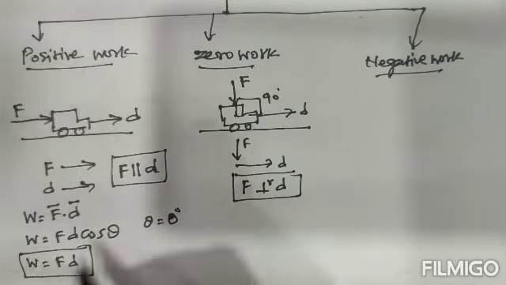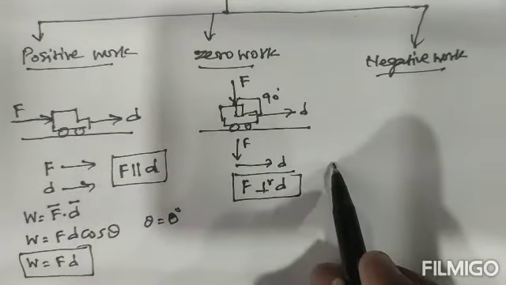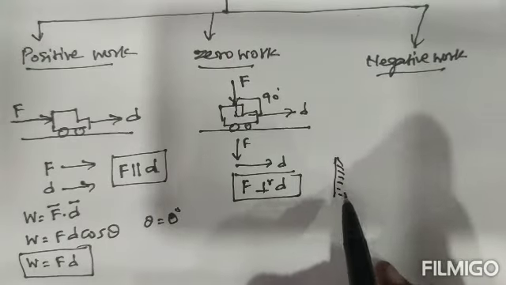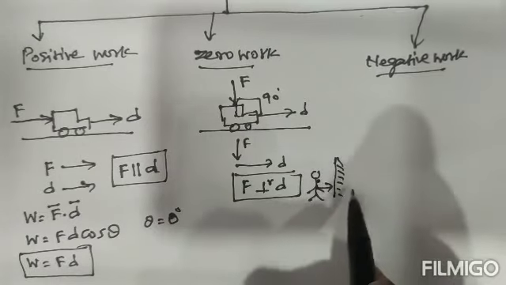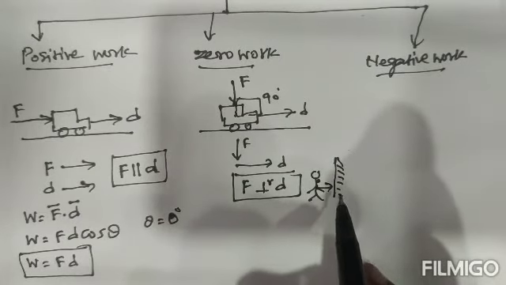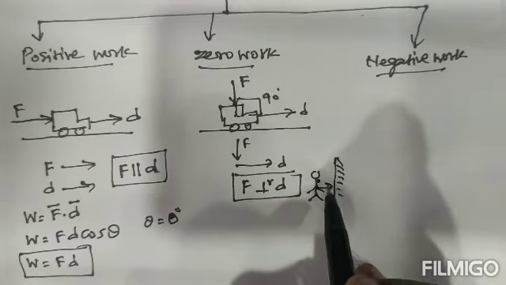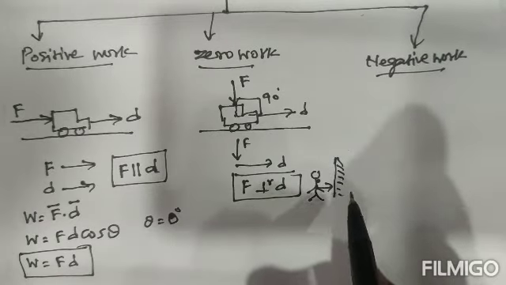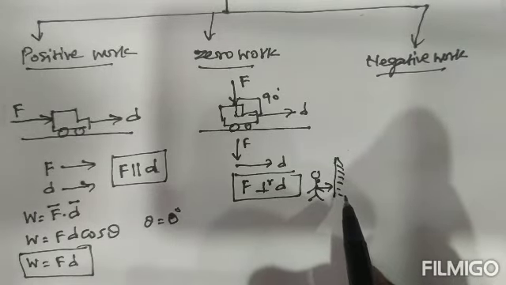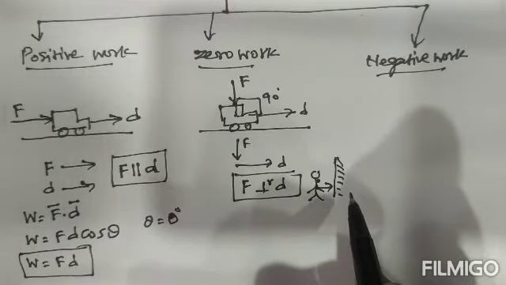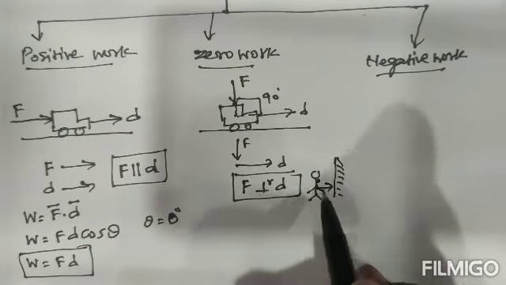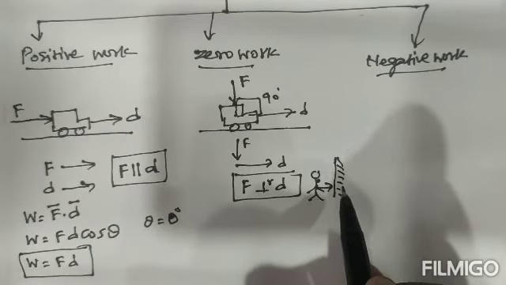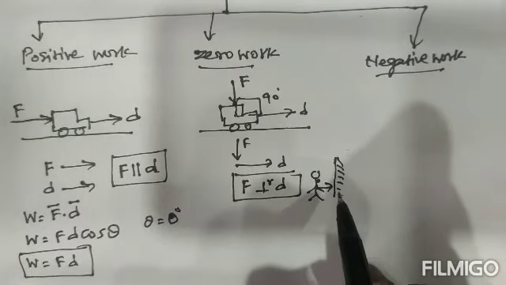Okay, right. Say for example, take a wall, and you try to move this wall, you apply a force like this. But here the applied force is there, but displacement is not possible. As a human we can't do it. So here the force is okay, but displacement is not there, so work done is zero, that is zero work done.